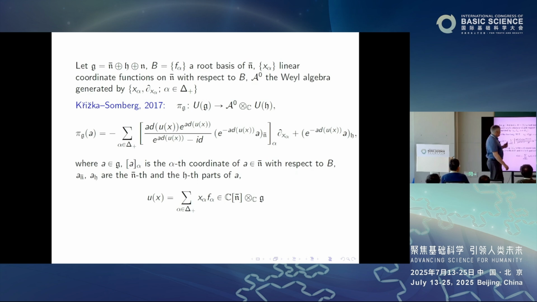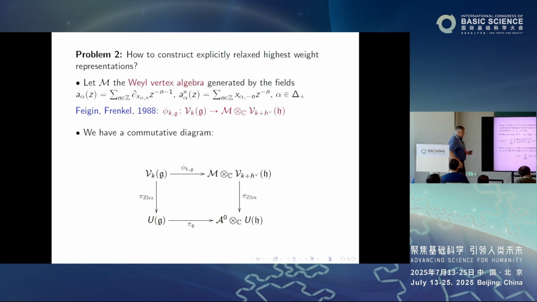A0 I already mentioned, that's the Weil algebra generated by X alphas and deltas for all positive roots. And so this formula describes homomorphism pi G, which is right here. So it makes this diagram commutative. Okay.